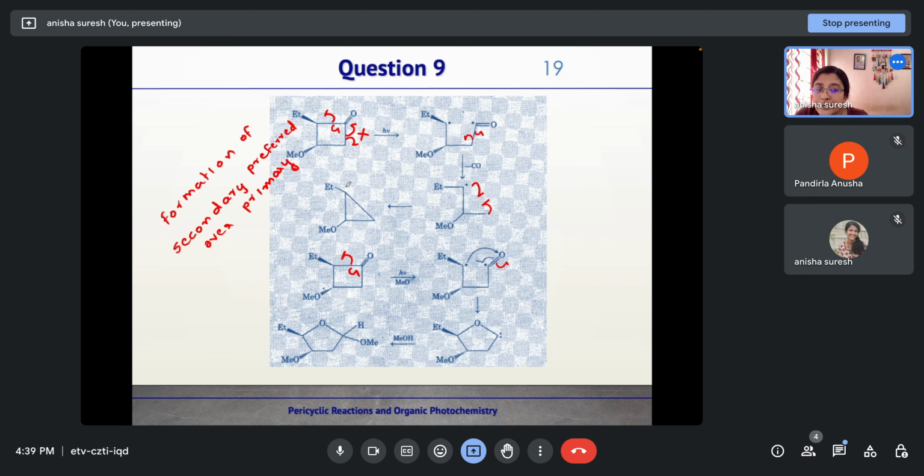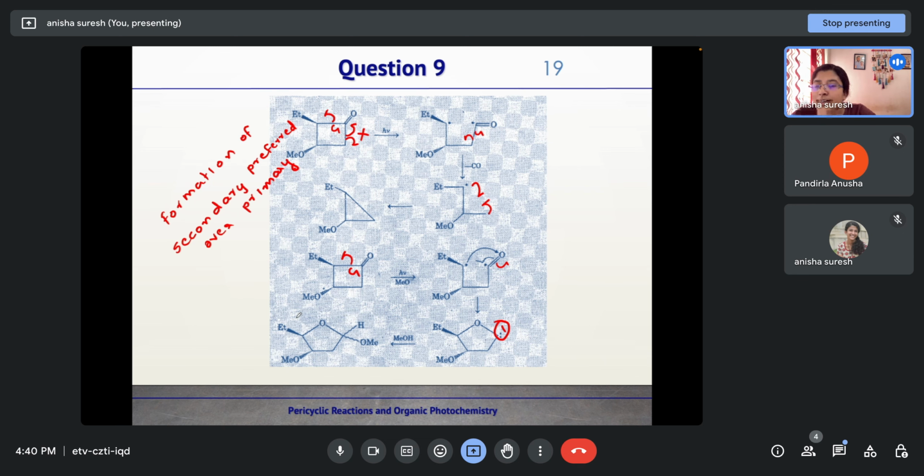Since this is an anion from methanol, it can abstract only proton, right? I will check into it and tell you in the next lecture.